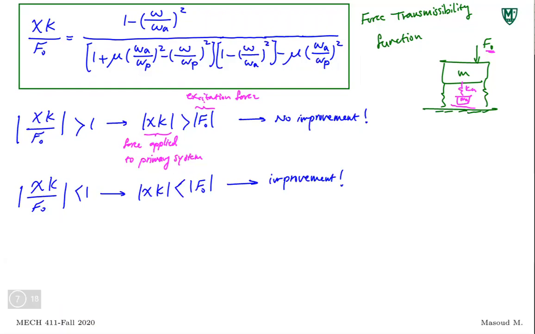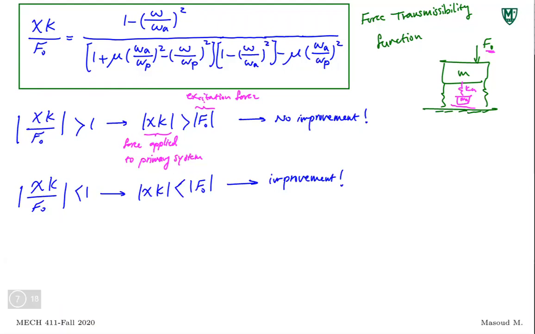This means that the force applied to my main structure is less than the excitation force, meaning that part of the force has been transmitted to the absorber, or the absorber is absorbing part of this energy. So my main structure is not receiving all the energy coming from the excitation force.